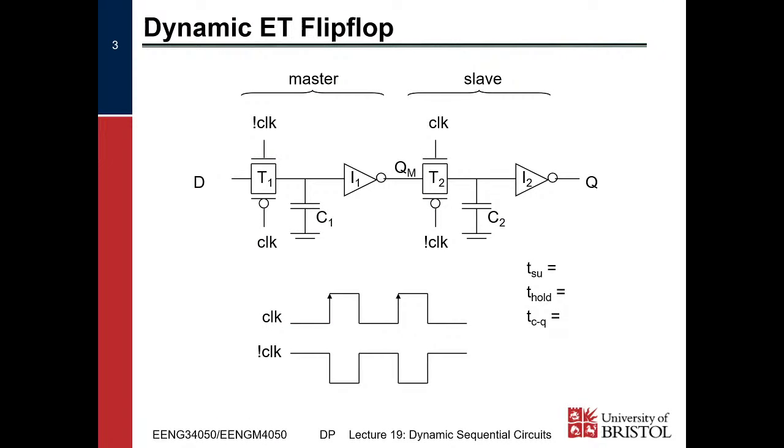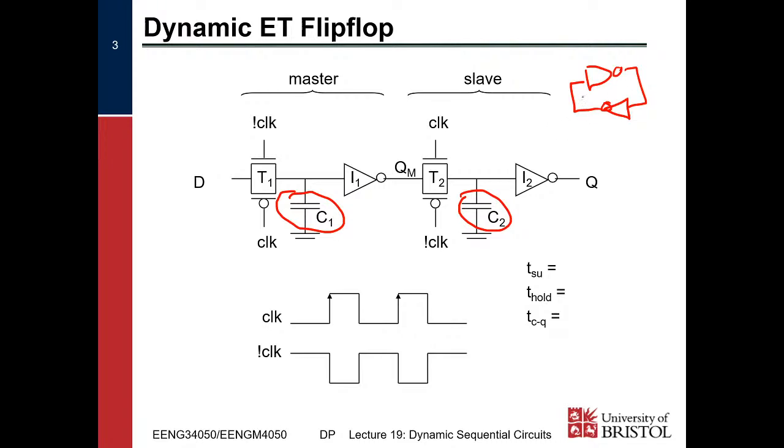So let's try designing a flip-flop in dynamic logic, right? Now, the benefit of dynamic logic is that we have capacitors we can store values on. We don't need that regenerative bistable feedback loop that we have with our static logic, right?